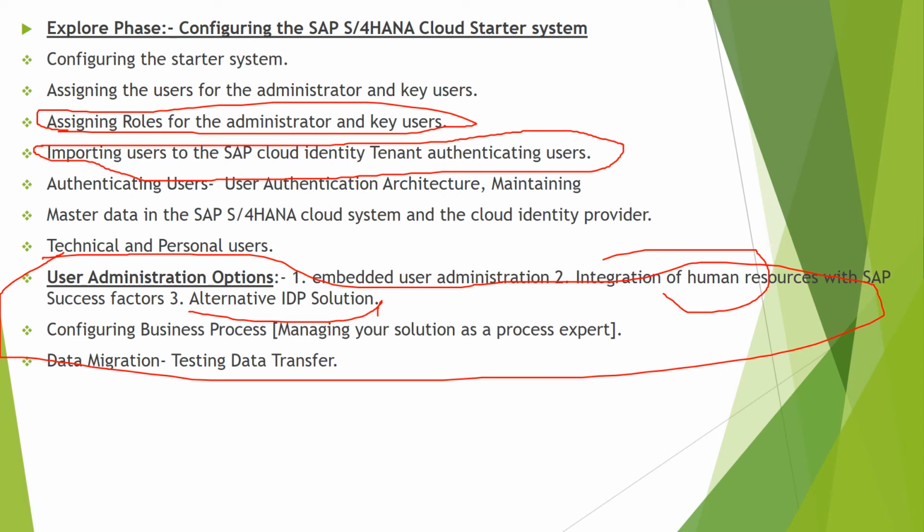This tile is a central entry point to the basic system configuration. In the Manage Your Solution app, select Configure Your Solution. The current phase of your system will be displayed in the lower right-hand corner of the detail screen. You can trigger the phase shift.